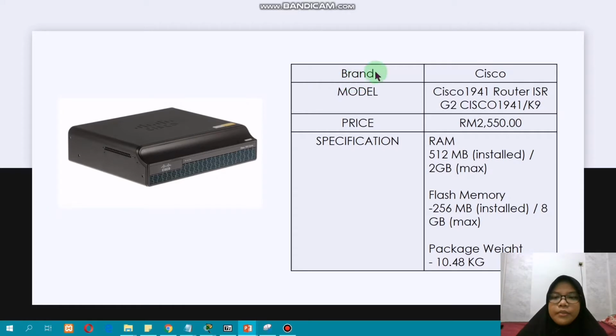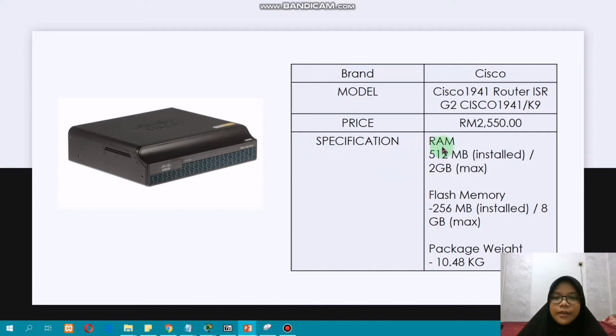Next, for the router, I'm using brand Cisco, model Cisco 1940 router ISR G2 Cisco 1940/K9. Its price is 2,550 ringgit.